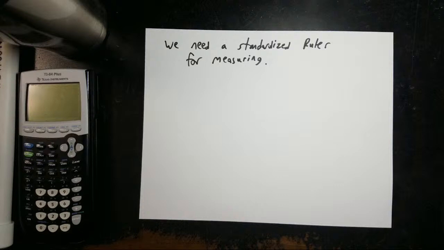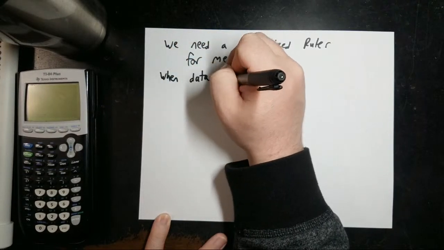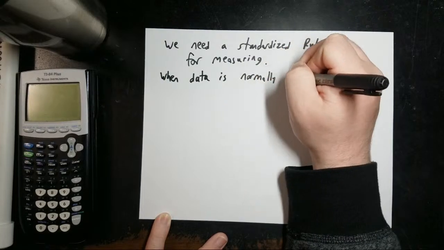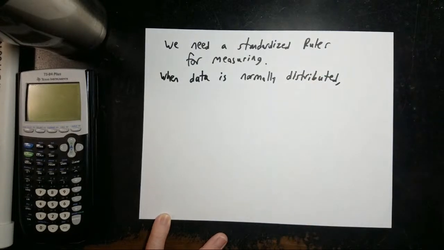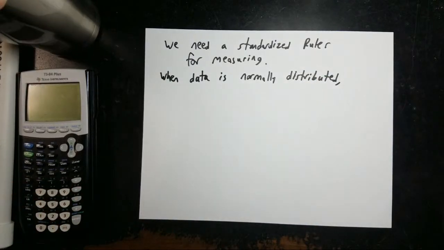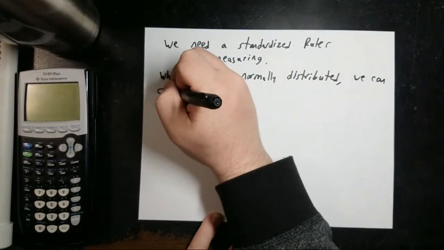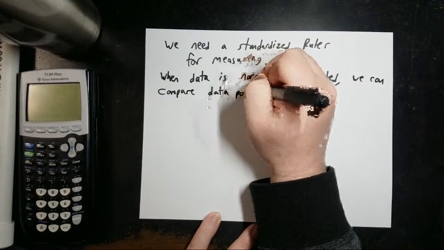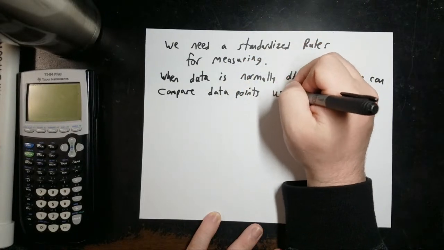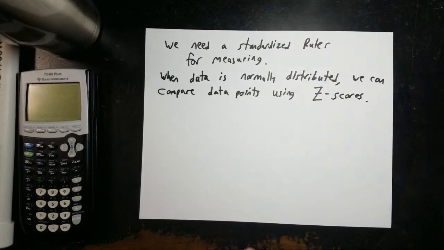In statistics, there is a standardized way of measuring data. When data is normally distributed, and I'll show you what normally distributed means in a moment, we can compare data points using what is known as z-scores.